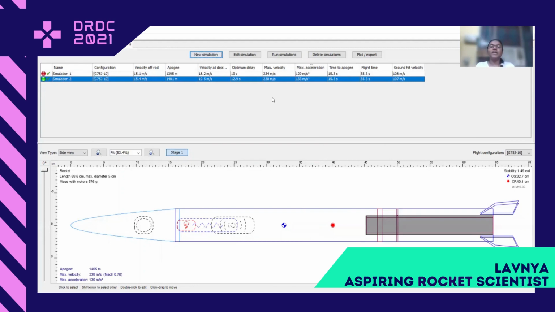The reason I always spoke about stability is that it is the one factor we consider important for our rocket to fly. In this case, the stability most probably lies between 1 and 2, and here it came to 1.49. The CG must always lie ahead of the CP, which gives a stable position for your rocket.